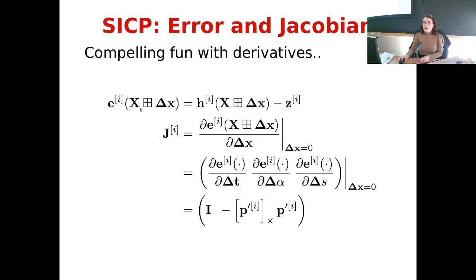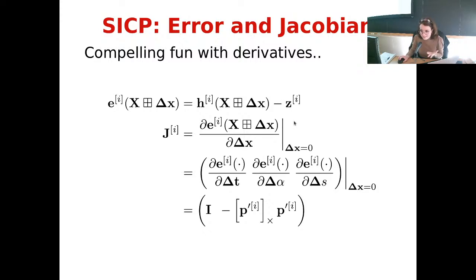Again, the error is defined as the difference between the predicted measurement and the actual measurement. We have a minus because the measurement belongs to R3. Now, the Jacobian, which is the derivative of the error with respect to the perturbation computed in the perturbation equal to 0, is as tall as 3, because the error has dimension 3 as the measurement, and as large as the dimension of delta x.